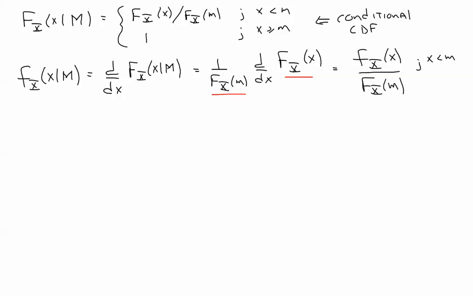This is a constant. The non-conditional cumulative distribution function for x evaluated at m just comes outside the derivative. All right, and of course, the derivative of 1 is 0 if x is greater than or equal to m.